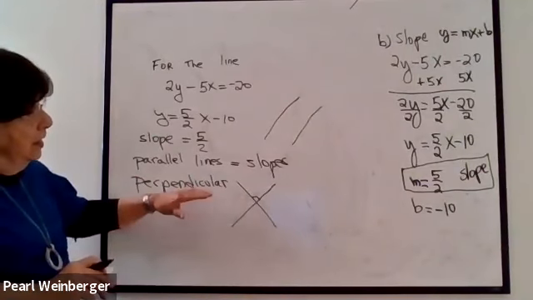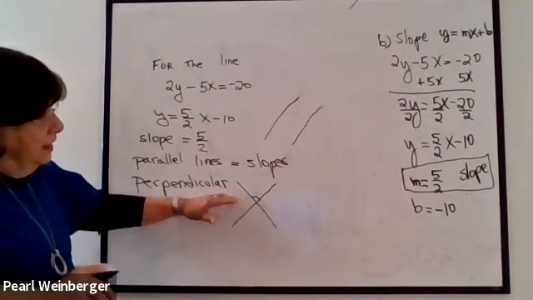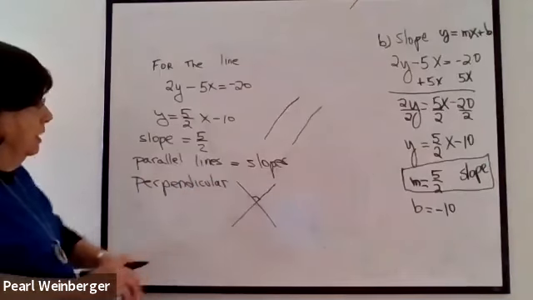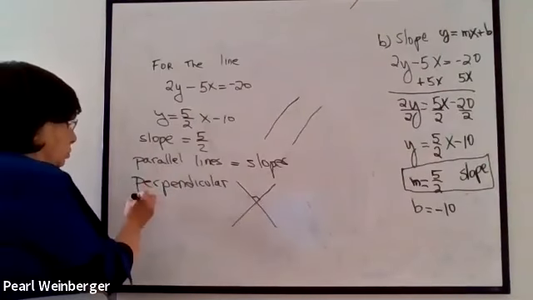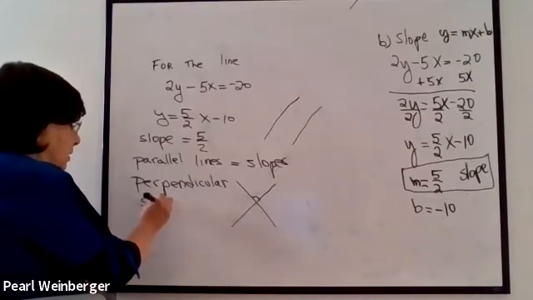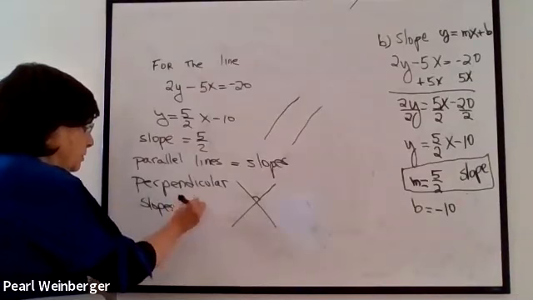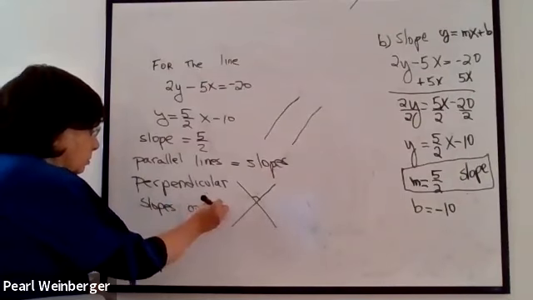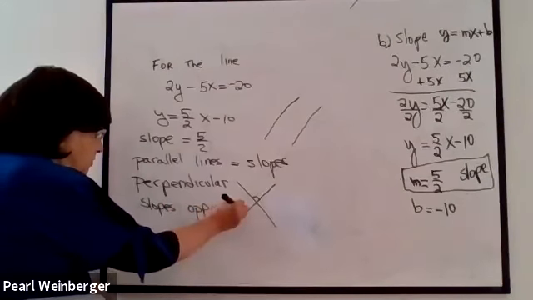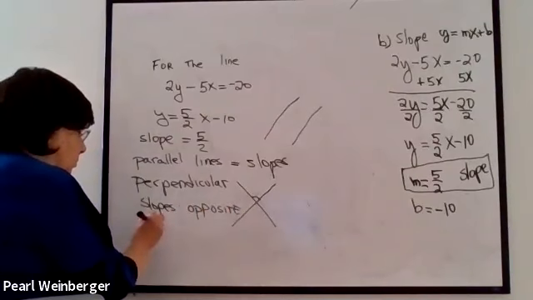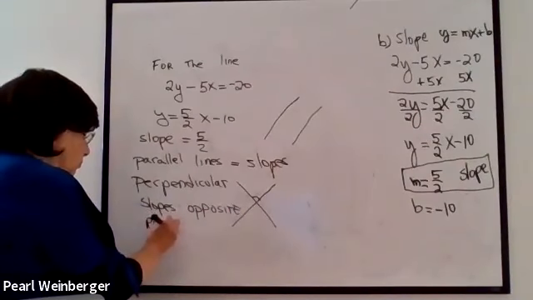Perpendicular lines cross at 90-degree angles. And it turns out that the slopes are opposite reciprocals.